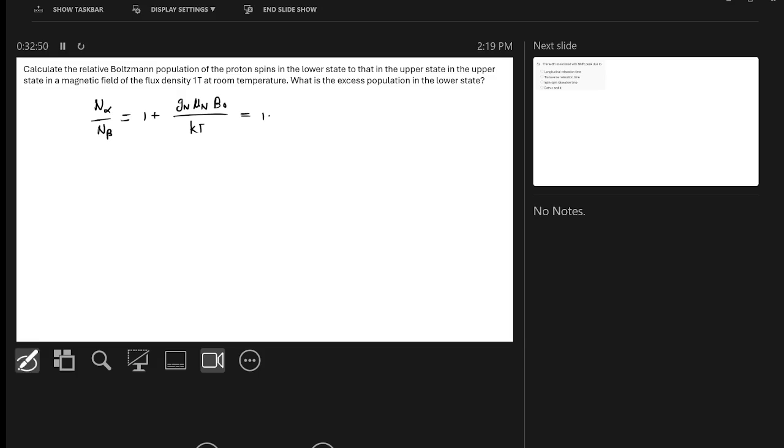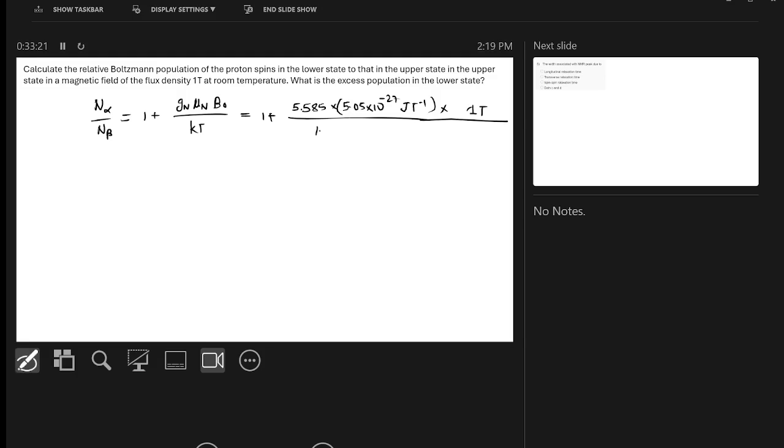See, 1 plus, what is the value of Gn? For proton it was 5.585. And what is the value of mu n? For proton we know that it is 5.05 times 10 to the power minus 27. In the previous questions we saw this was joule per Tesla. Correct? And what is the value of B naught? 1 Tesla. What is the value of k?